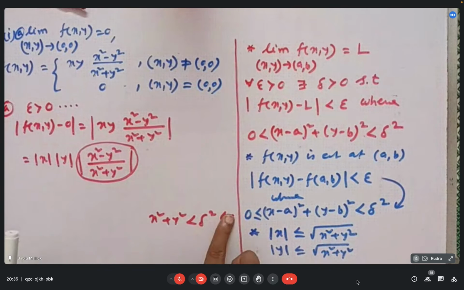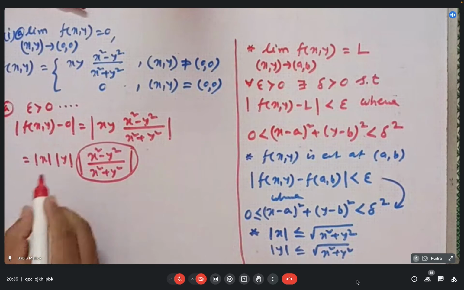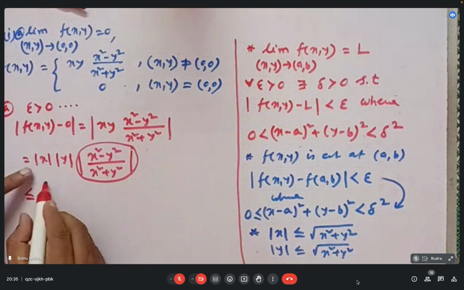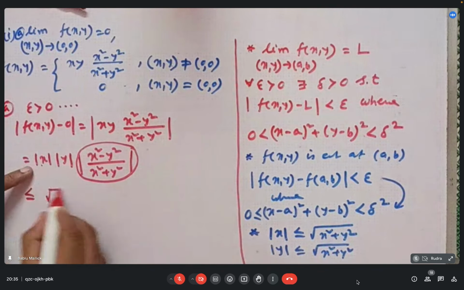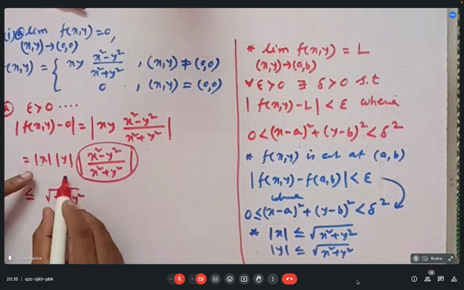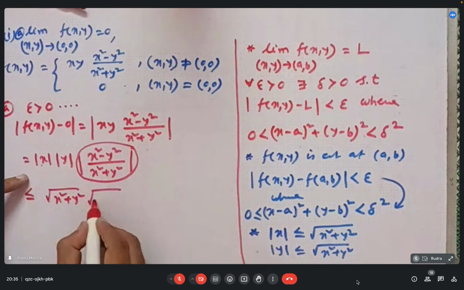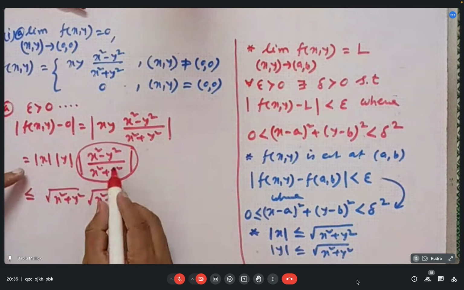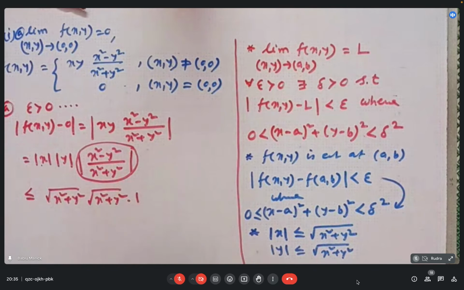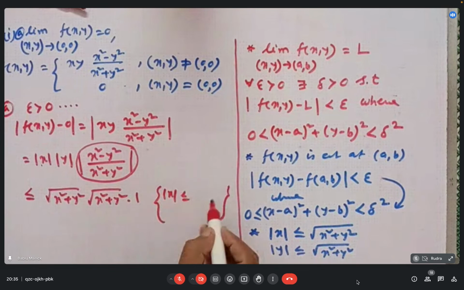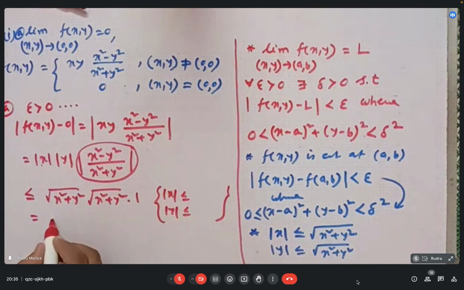We have done this: clearly it is less than or equal to |x|, which is at most √(x² + y²), times |y|, which is also at most √(x² + y²), and this last part is less than or equal to 1. You will write all the logic: since |x| and |y| are each at most this, this is equal to x² + y².